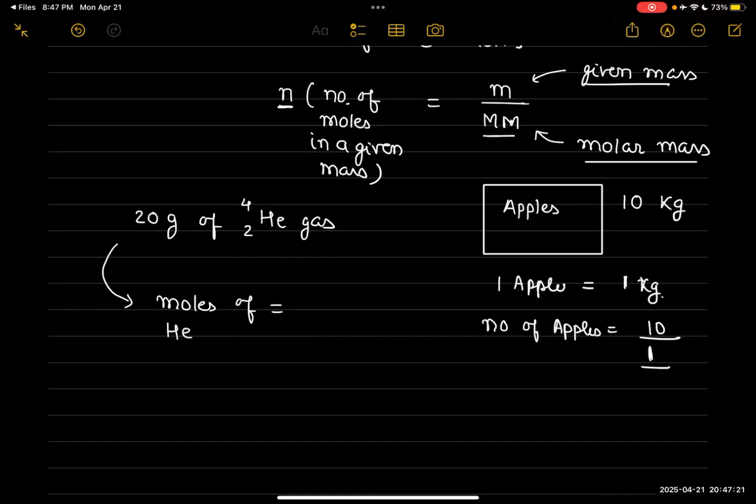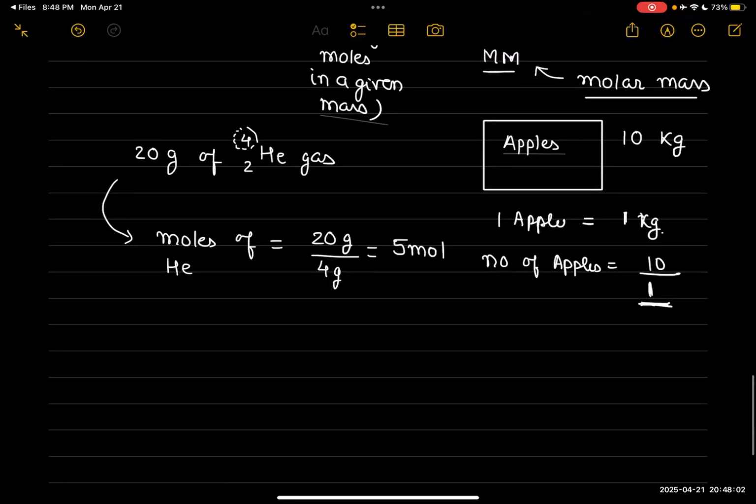Yes, exactly. 20 grams is the total mass given to you, and you divide by the mass of 1 mole. The same way you did here. What is the mass of 1 mole? It's 4 grams. So how many moles are there? Exactly, 5 moles.